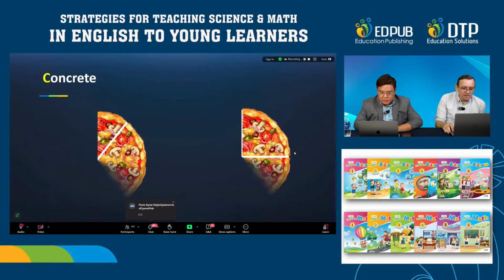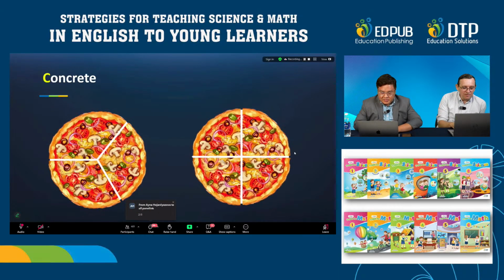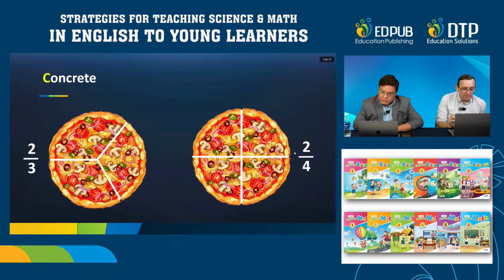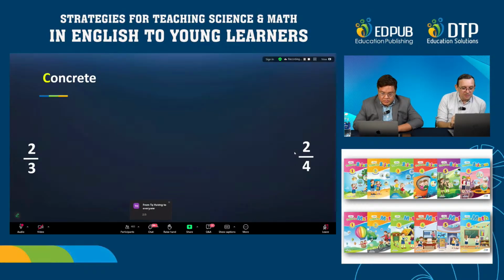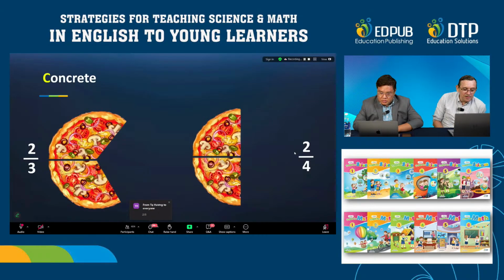So we use pizza. We've got a pizza with 3 slices and a pizza with 4 slices. And what we want is 2/3 and 2/4. So there we go. Now you can see we've got 2 out of 3 slices of pizza, and we've got 2 out of 4 slices of pizza.